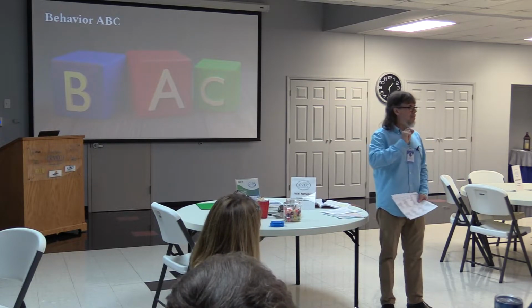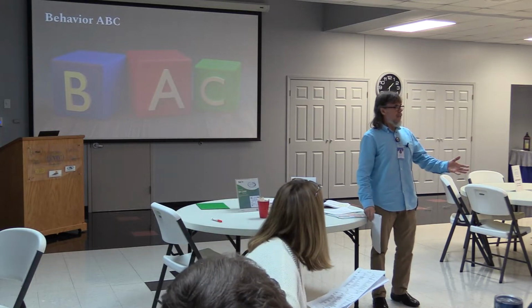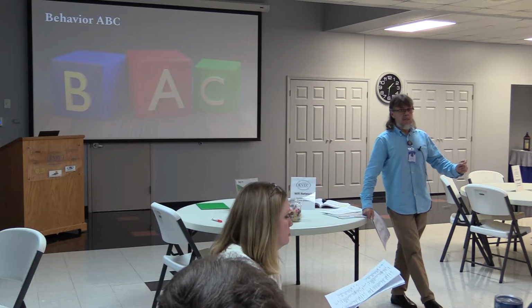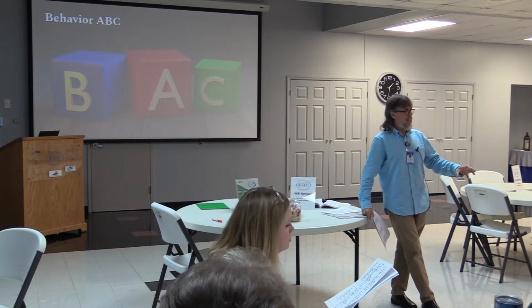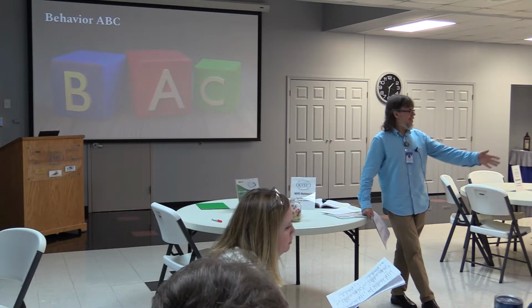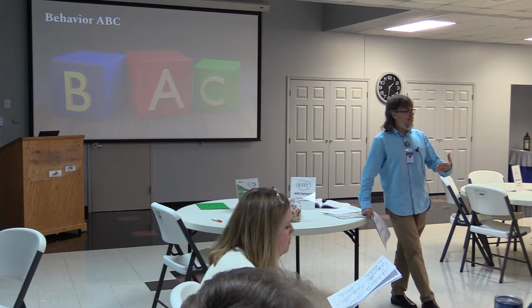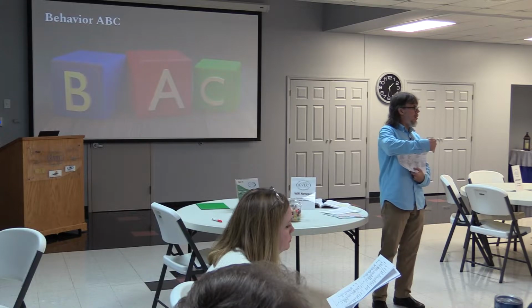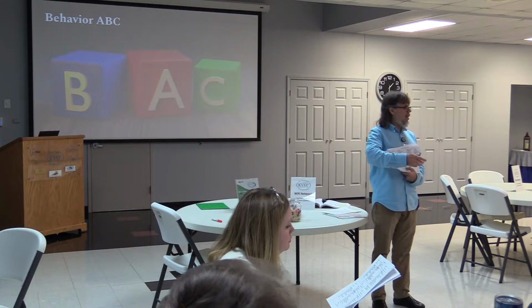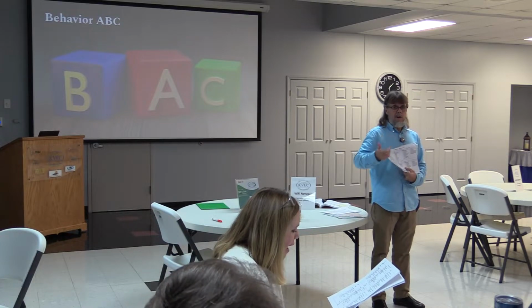That's why you have to be specific when you define behaviors, because you can't count how many times someone's angry, but you can count how many times they drop a book on the floor, wrinkle their paper up, or smack. You can count those times, so that would be a frequency. How often does that behavior happen within an hour, or within 10 or 15 minutes? That is a frequency count, how often it happens.